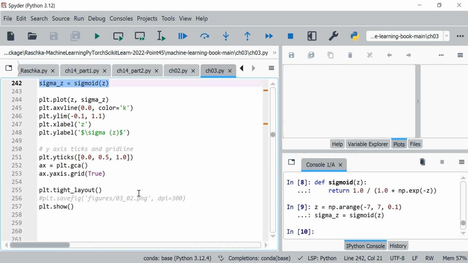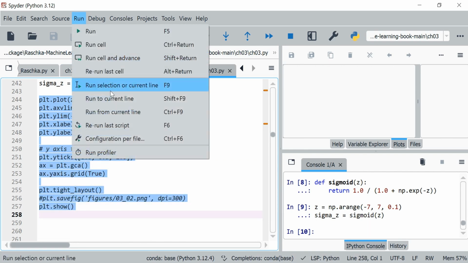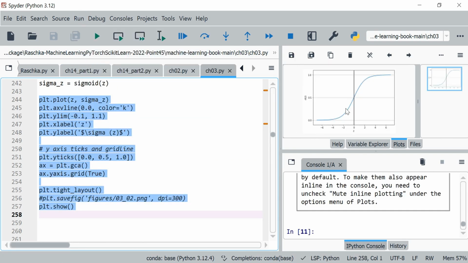We show this result. It is S-shaped. So when z is very large, the sigmoid function's result will be close to 1. This is the probability from 0 to 1.